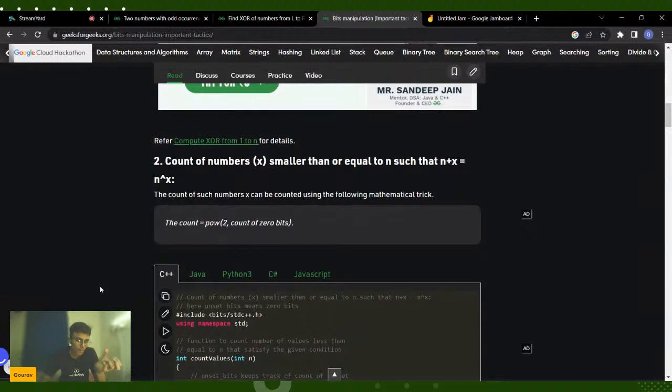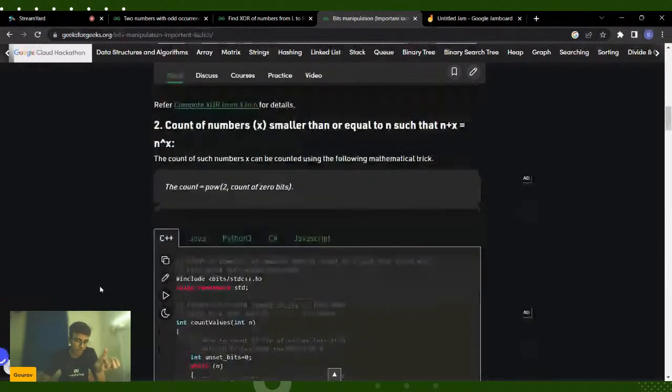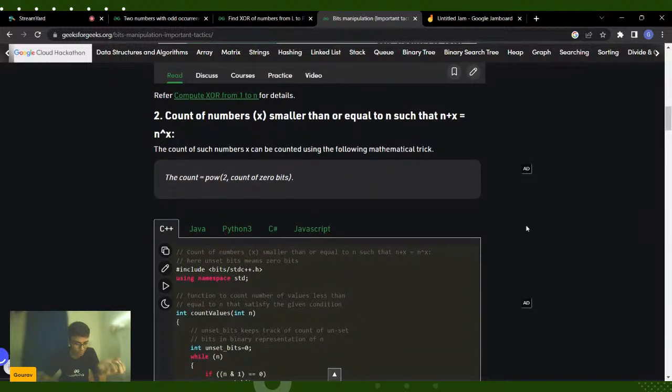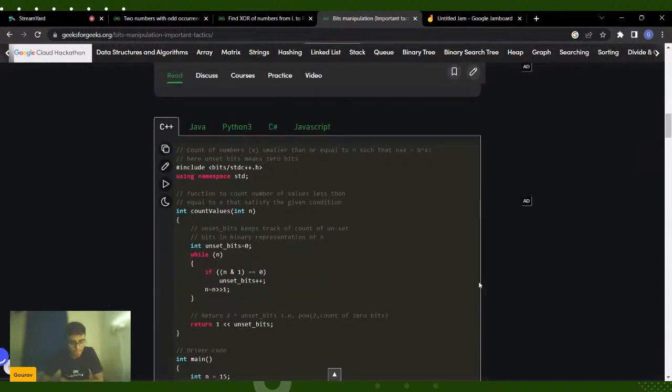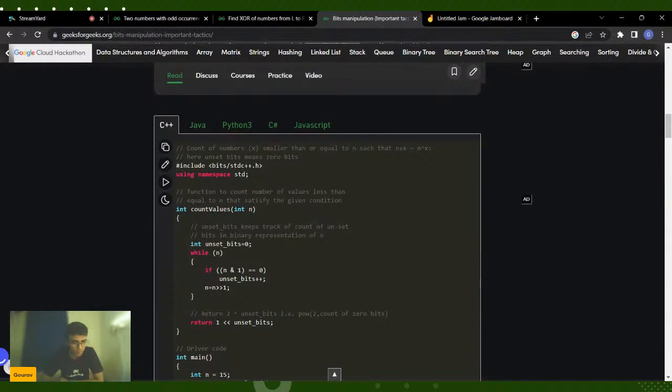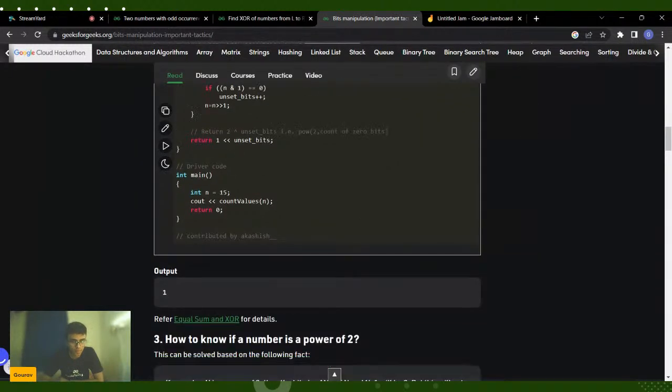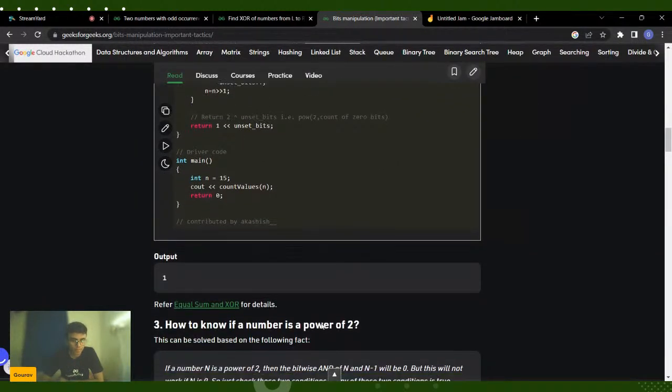And there are similar functions for counting the number of ones as well, the number of set bits. Can anyone tell those functions in the chat box? Okay, let us proceed further.